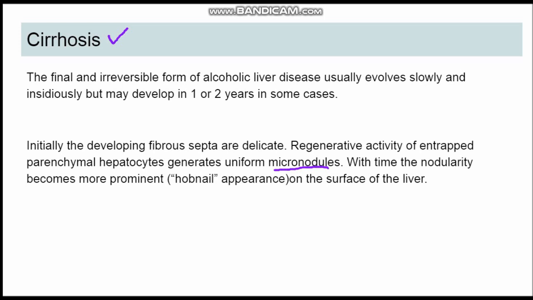Hepatocyte death is taking place, then fibrous septa are forming, and along with that there is regeneration of certain hepatocytes. The liver tries to regenerate itself. Because of all this, micronodules are formed and they give a very characteristic hobnail appearance to the surface of the liver.